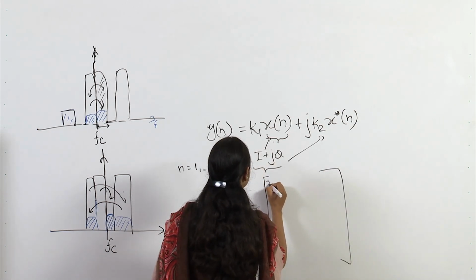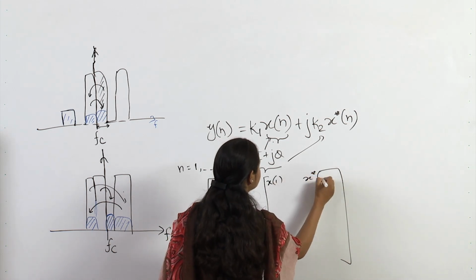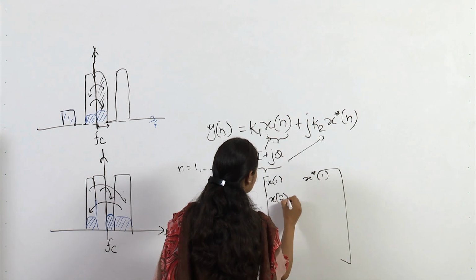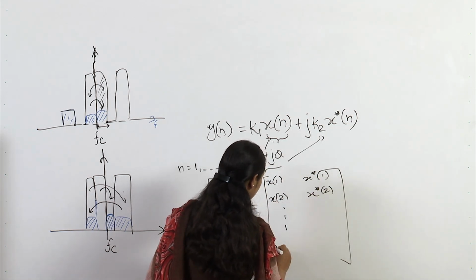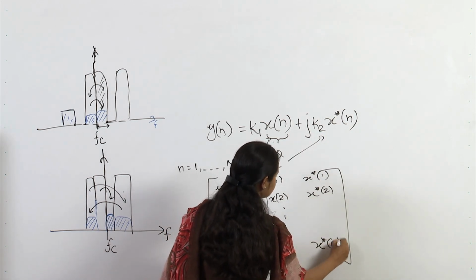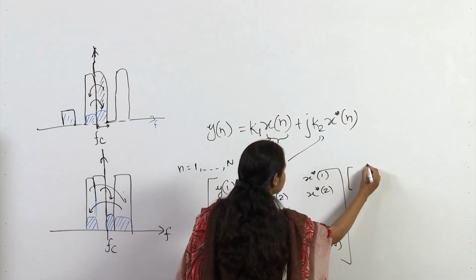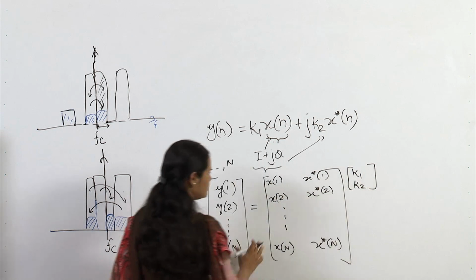So, you will have x1, x conjugate 1, x2, x conjugate 2, and so on up to xn, and you will have only two parameters k1, k2, right.